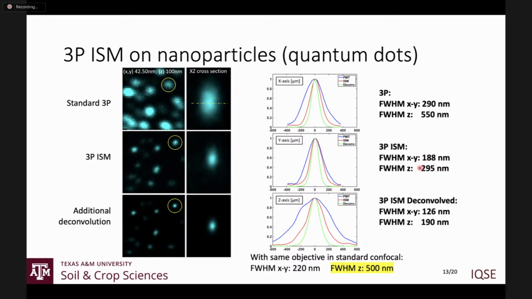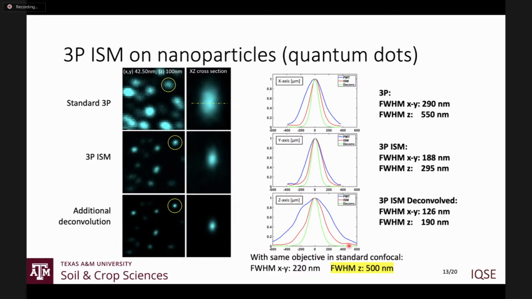point spread function. And then we can apply an additional deconvolution to the images that we obtain. And with that, we can get to a resolution of about 126 nanometer, which means that we get a resolution that is about 8 times smaller than the wavelength of light that we're using.